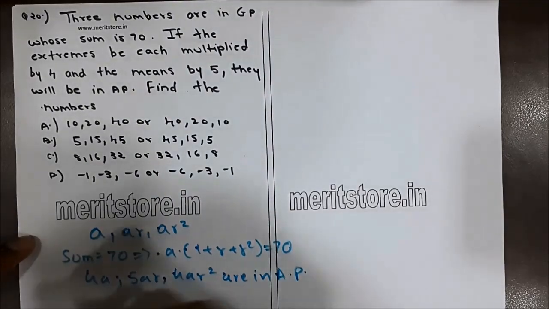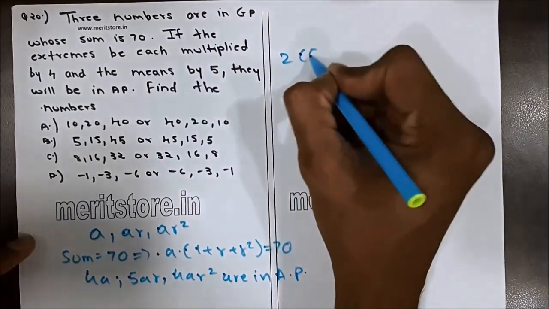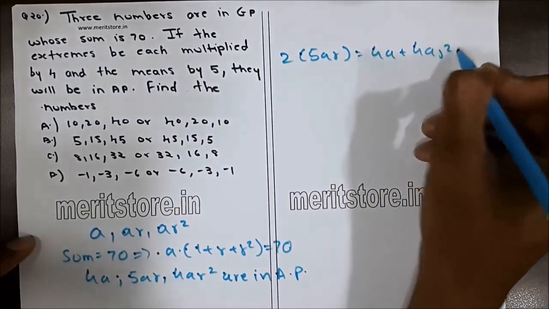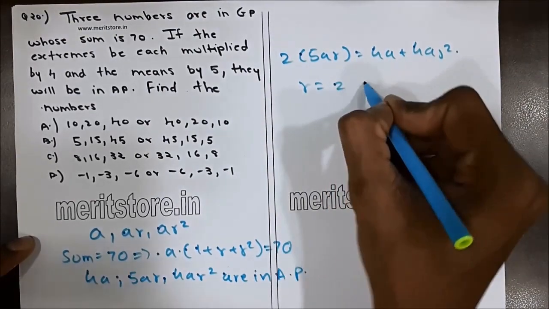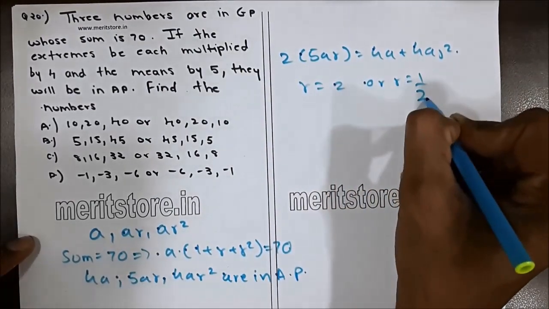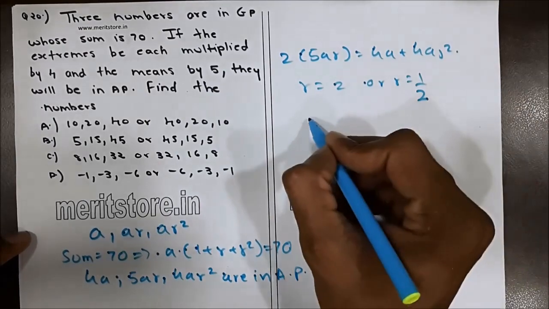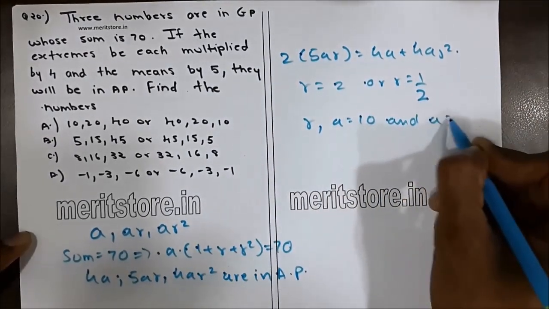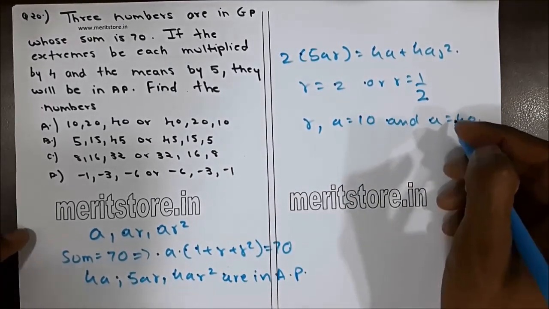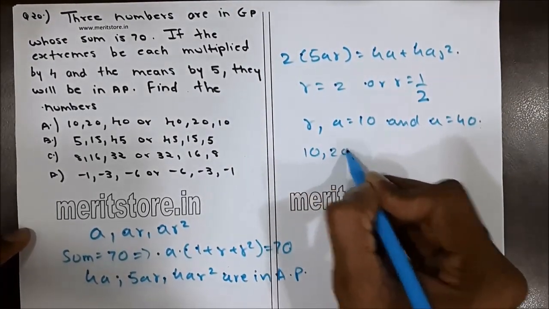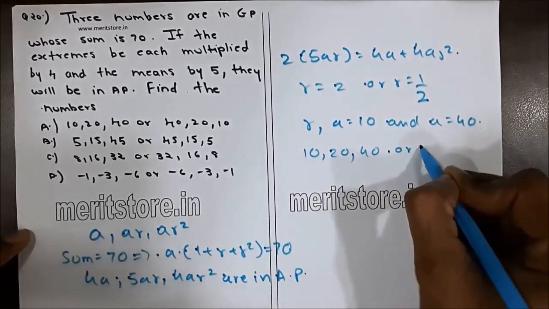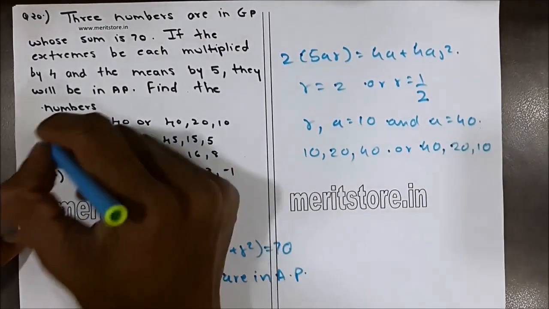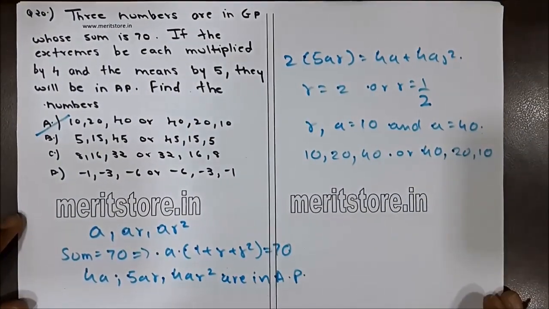So solving this, we get 10ar equal to 4a plus 4ar squared. Therefore, we get r is equal to 2 or r is equal to half. Substituting the value of r, a is 10 and a is equal to 40. So the numbers are 10, 20, 40 or 40, 20, 10, which is our option A. Therefore, option A is the correct answer.